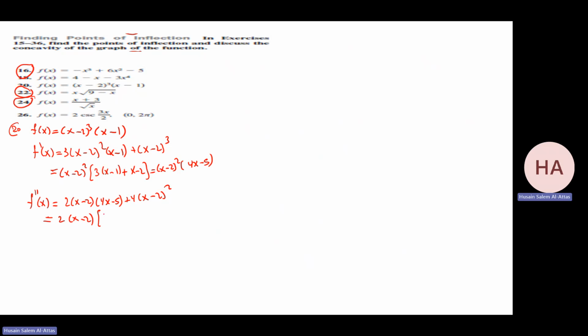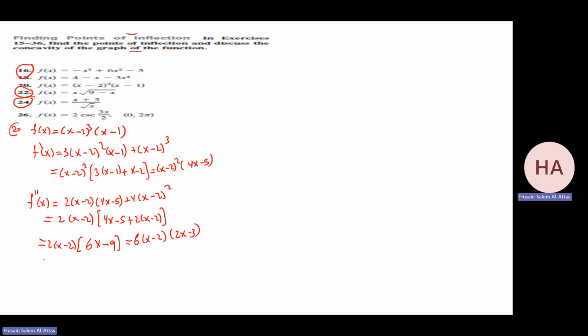What's the remaining? 4x minus 5 plus 2x minus 2. That gives me 2x minus 2 times 6x minus 9. Can take 3 as a common factor. I have 6 times x minus 2 times 2x minus 3.